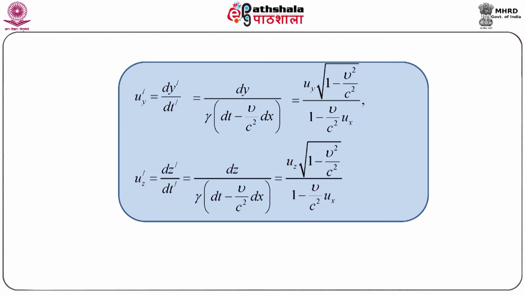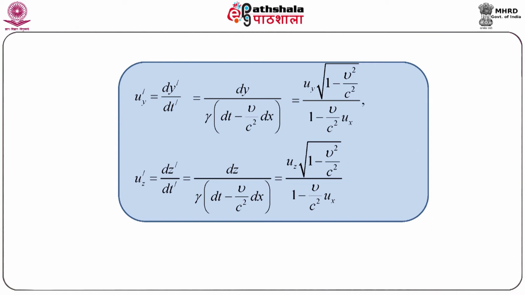In a similar fashion, we can get u'_y, which is d/dt' operated on y'. Let us calculate the differential dy'. From the Lorentz transformation formulae, we have y' equal to y, which gives dy' equal to dy.